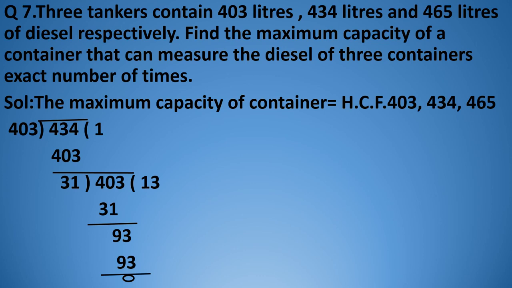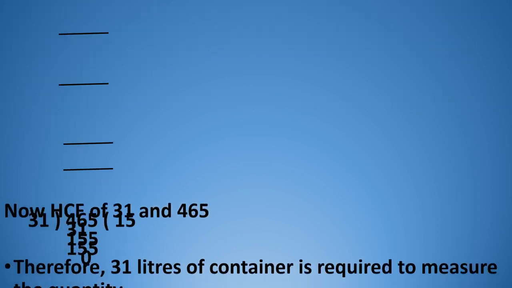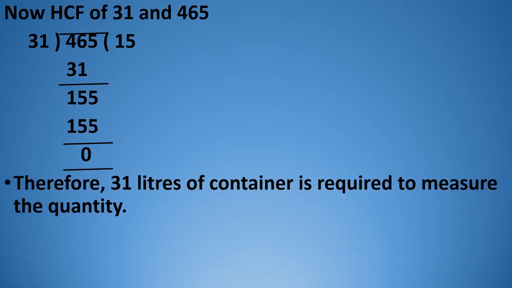Now we will find out the HCF of this 31 and the remaining number 465. Again you will get the HCF 31. So 31 is the highest measurement that can measure the required quantity. Okay.